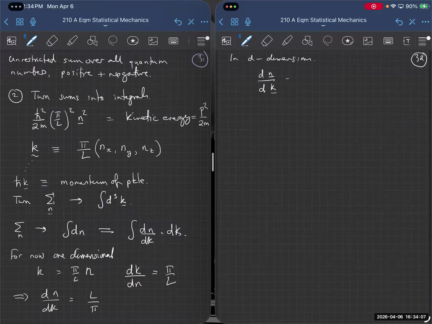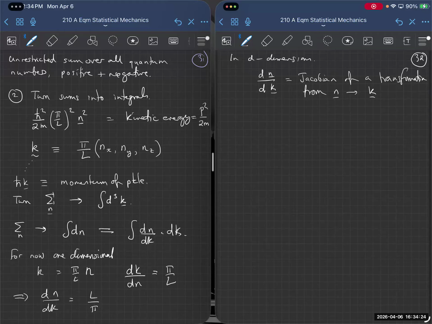This is really a Jacobian, in vectors n to vectors k.